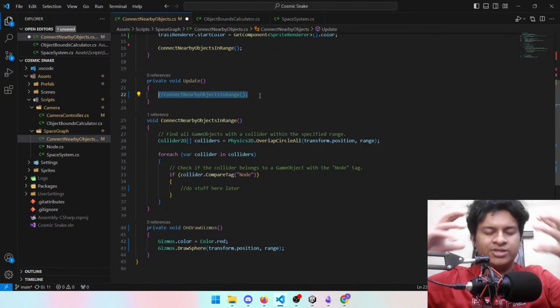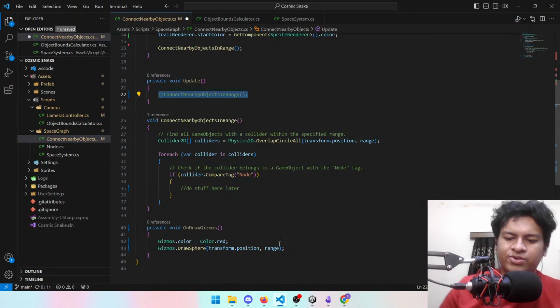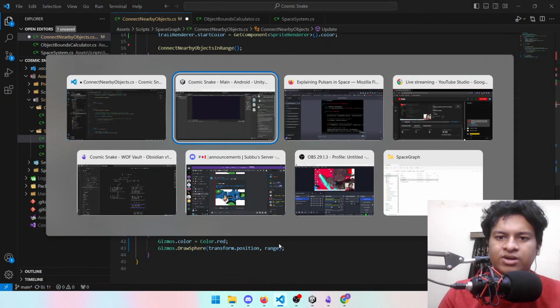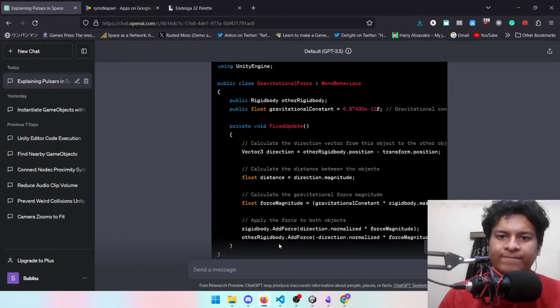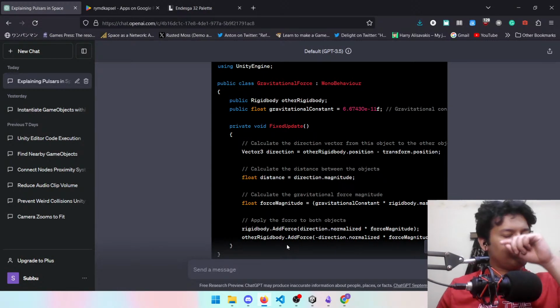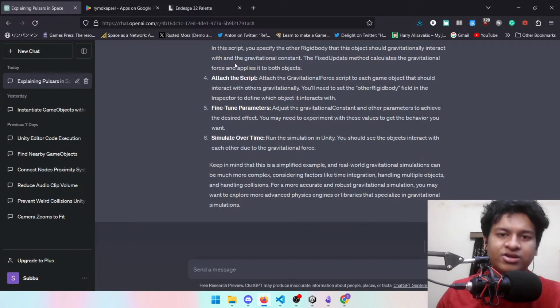Like, how do they affect each other? How do they know? How is that supposed to work? I need to look it up. This thing gave me a very shitty script. Does not even work. It's completely broken.